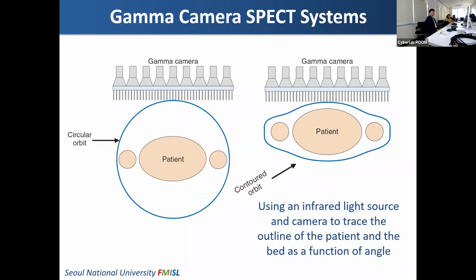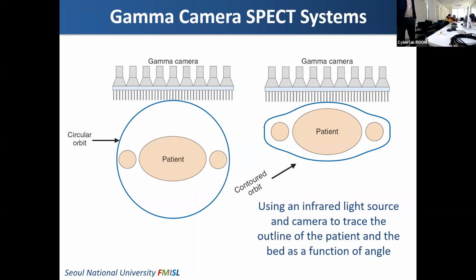As I told you in the previous slide, the spatial resolution of a SPECT system depends much on the distance between the object and the collimator. If we use the contoured orbit on the right, we can use the optimal distance for each detector angle. That is why we can achieve better spatial resolution and better image quality with the contoured orbit.